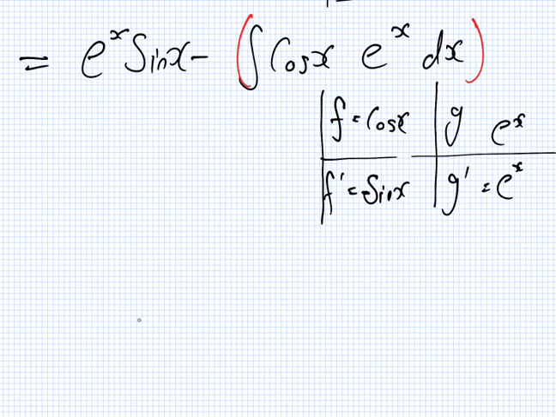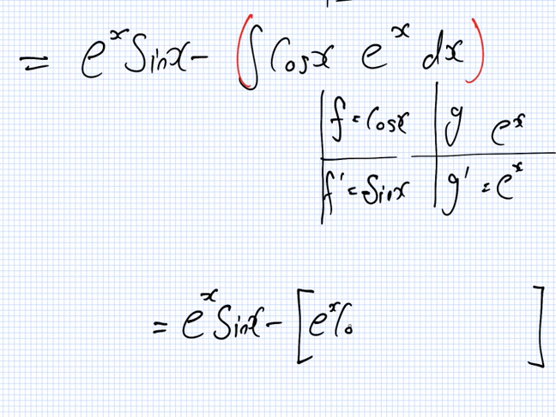So here we get e^x sin x minus, with brackets, and then fg, so e^x cos x minus f derivative, which is minus sine, so plus here, the integral of sin x e^x dx. So what's happened now?